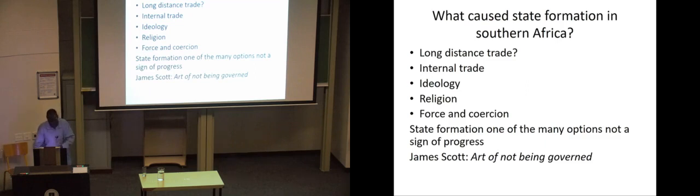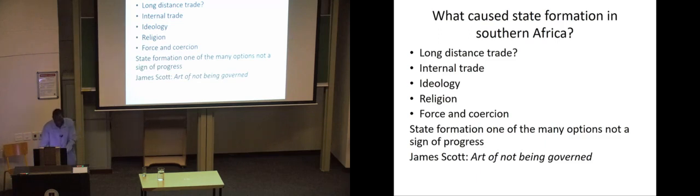But what James Scott is saying is that there are some groups that made a conscious decision to be stateless because they saw that there are so many disadvantages associated with being a state. And he's saying that there were so many polities in China that were trying to subdue those barbarians that occupied an area that he calls Zomia.